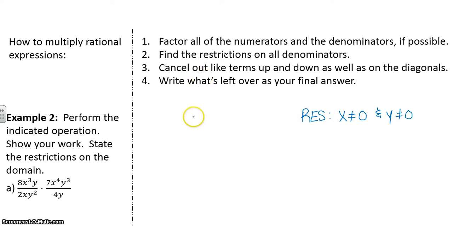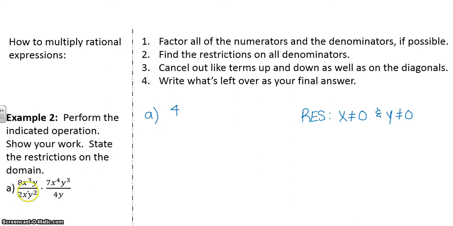Step 3 is to cancel out like terms up and down as well as on the diagonals. So what I'm going to do is simplify each fraction separately, and then I'll try to cancel on diagonals. So looking at this right here, I'm going to divide 8 by 2, which is 4, and the 4 is going to go on top because that's where the bigger number is.